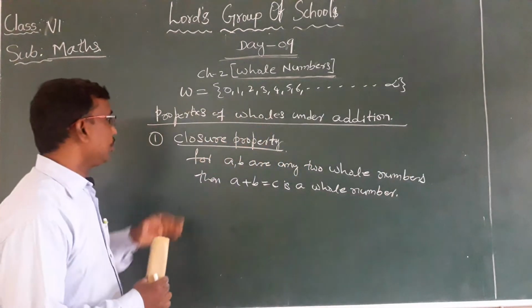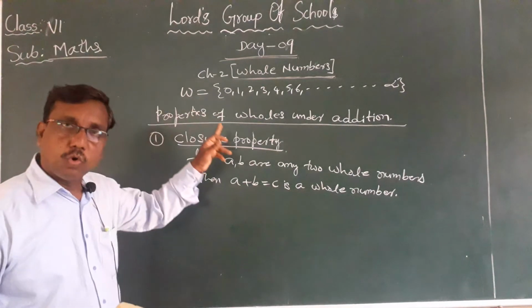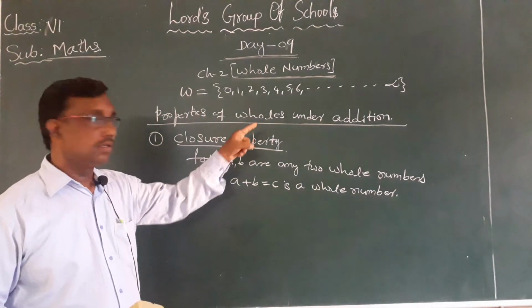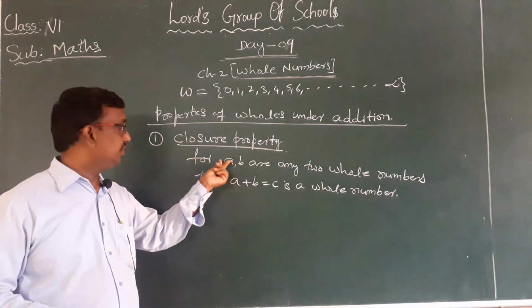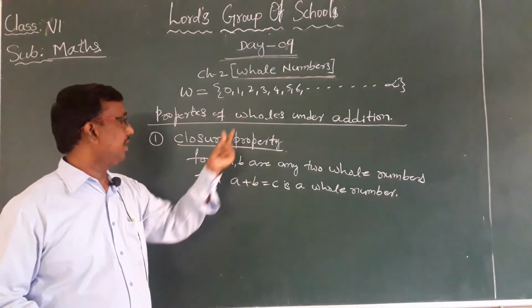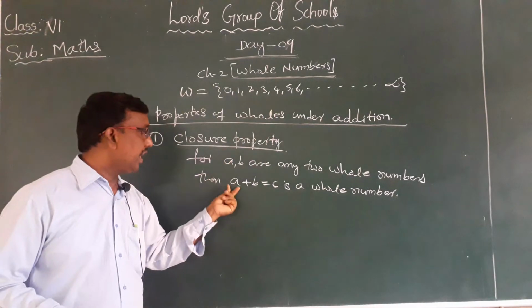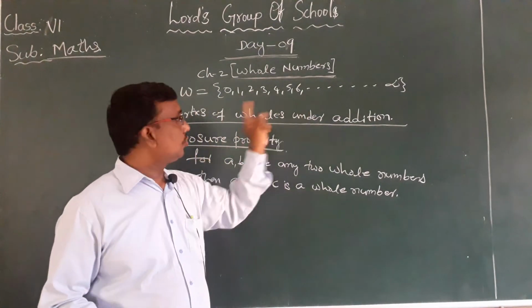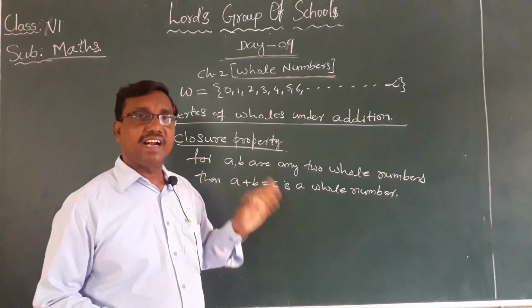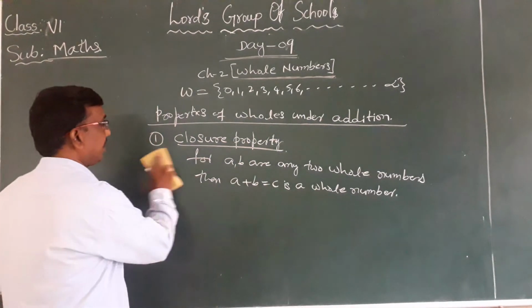So what I said, closure property is nothing but the sum of any two whole numbers is also a whole number. In general, A and B are two variables; in the place of A we can write any whole number, and in the place of B any whole number. When you add A and B, you will get one more number, that is also a whole number. So this is called closure property under addition. One more property after this.